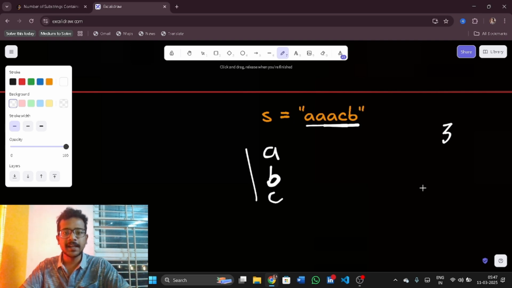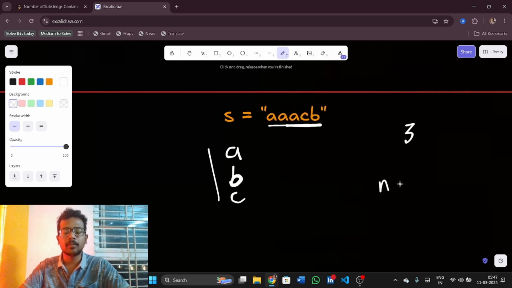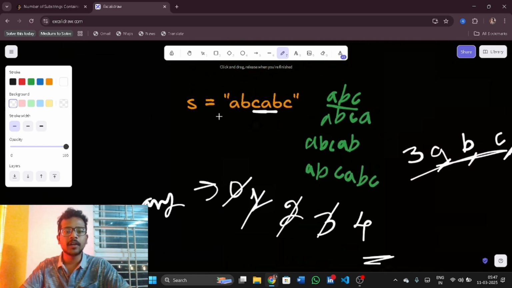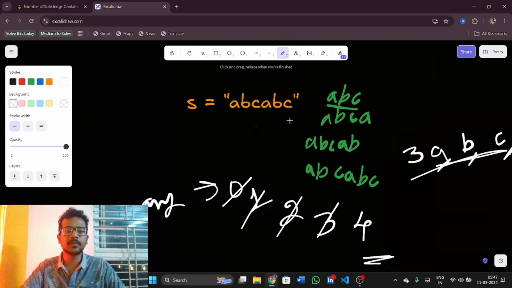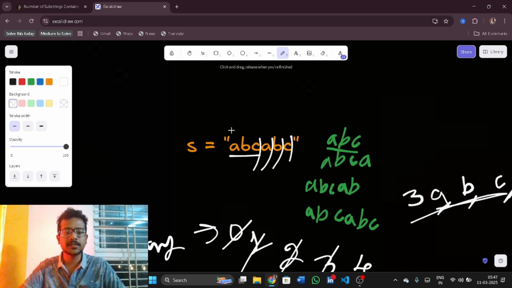Then I'll take n minus r. Why n minus r? If you see, when I get A, B, C initially, I took something like this is one substring, this is one substring, this is one substring, this is another substring. So if I take the size of S, it will be something like 6.